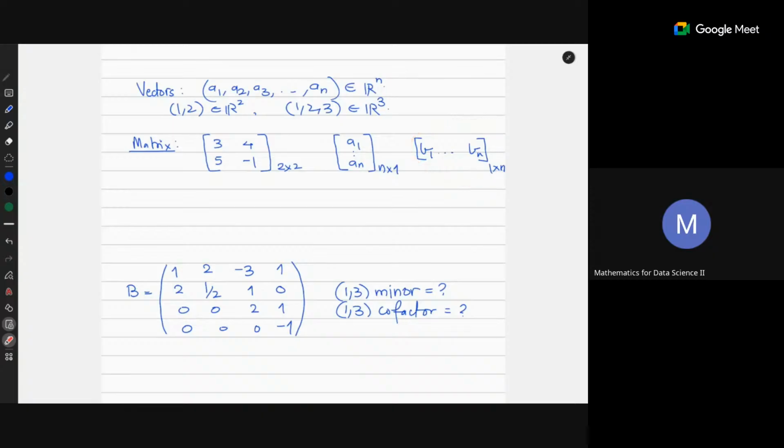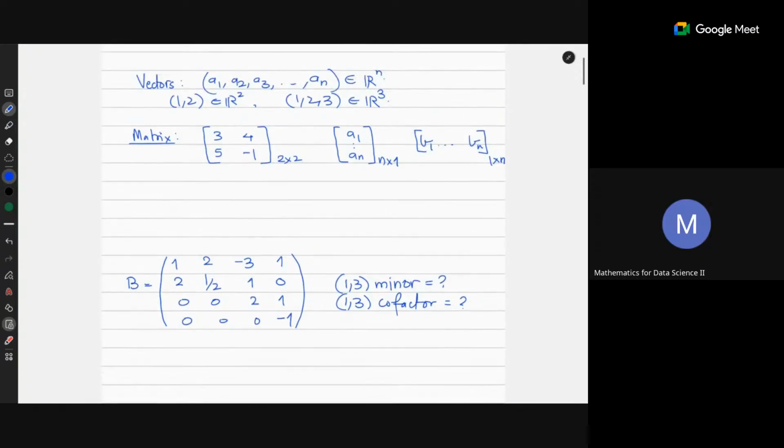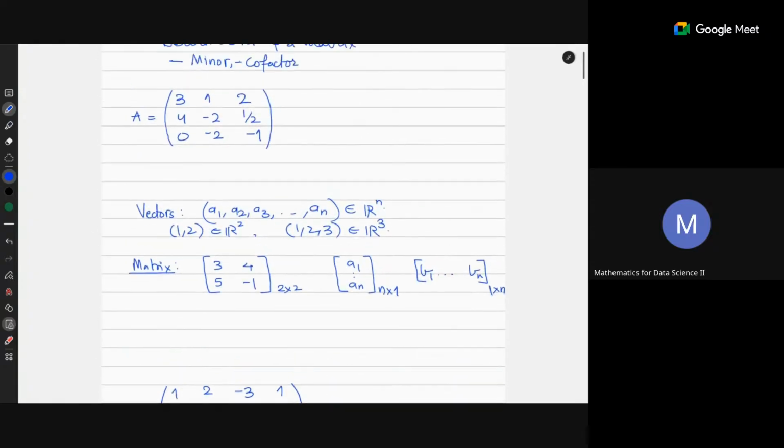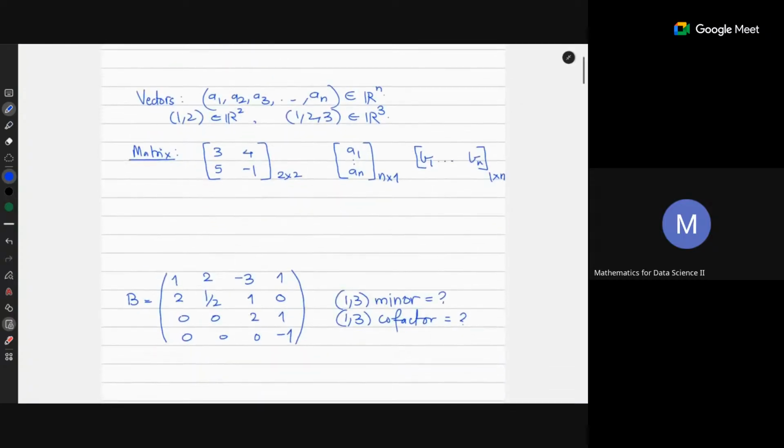So we saw some of the properties of a matrix also, that they can be added to each other, then scalar multiplication of a matrix, and so on. And then we also talked about the determinant of a matrix. Then we saw some examples of matrices.